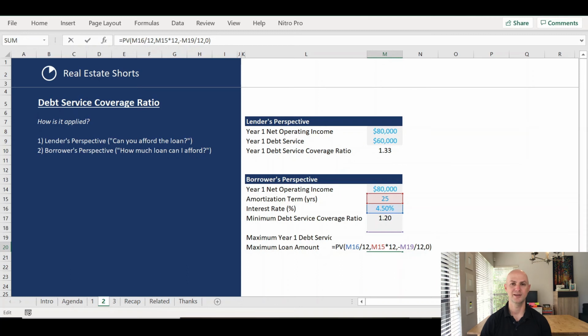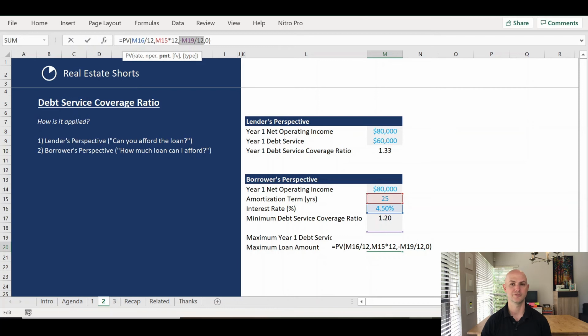So we'll take our annualized interest rate and divide by 12. We'll take our term, multiply by 12. We'll take our annual debt service, in this case, that's $66,000. We'll divide by 12, because remember, that's an annual number. We need to turn this into a monthly figure.